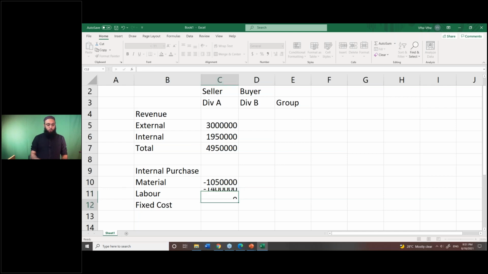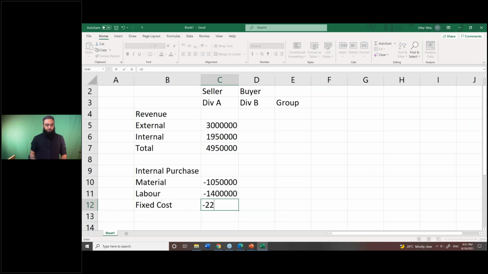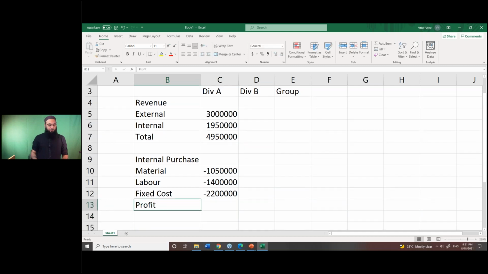Please, you also do working with me. What's the fixed cost, man? The fixed cost is 2.2 million minus, perfect. What is the profit?